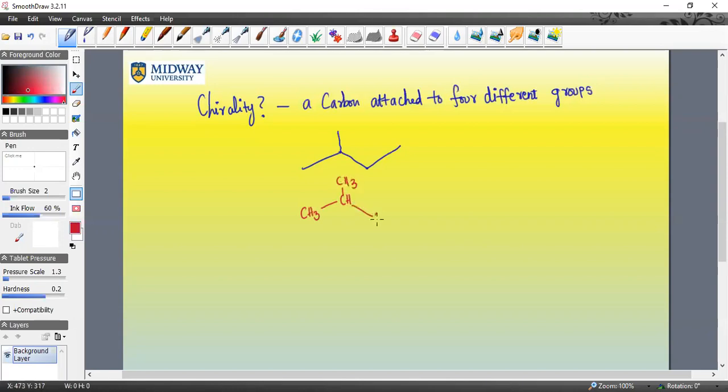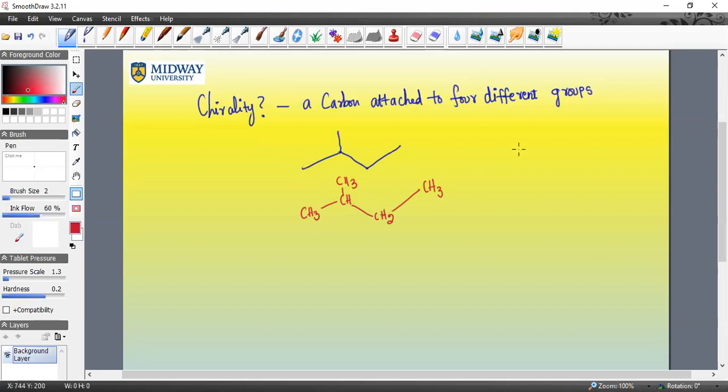And you can do the same if you're still not comfortable with the line structures. Even though I might give you line structures, you can still convert them into your familiar carbon hydrogen skeleton.